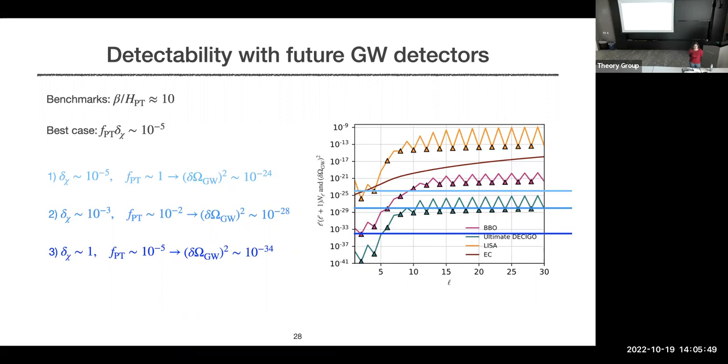That typically delays the phase transition or lowers the nucleation temperature. So my question is how does that change the typical beta over H? Yeah, we checked that you're right, that if I change H, which depends on the total energy density, it also changes beta, such that the beta over H combination remains the same, and it's completely determined by the bounce action of the phase transitioning sector.